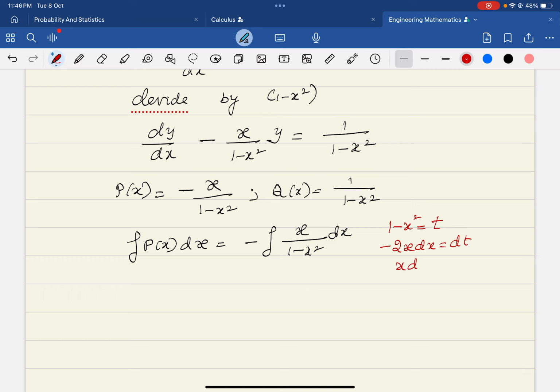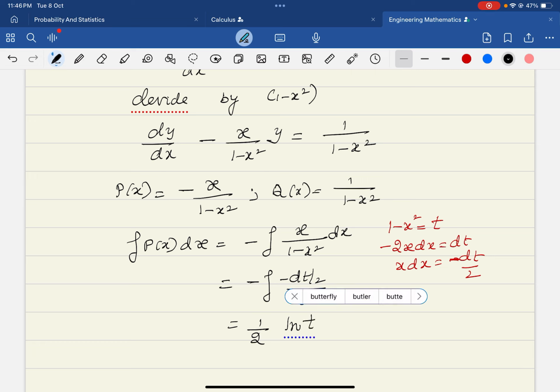So you can write x dx as minus dt by 2. So we get minus of the integral of minus dt by 2 over t. This is nothing but half outside, and 1 by t dt is ln t plus the constant.